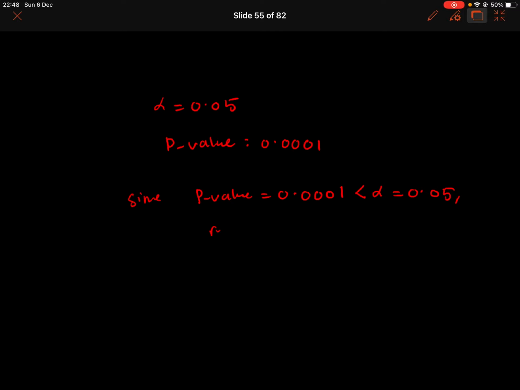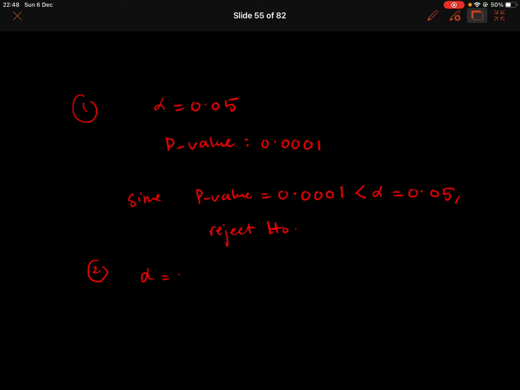Okay, for example, my alpha is 0.05 and the p-value given by the Microsoft Office Excel is 0.0001. You reject or you accept H null? Okay, since p-value equals to 0.0001 is less than alpha 0.05, you have to reject H null. Okay, this is the condition. Okay, another example.